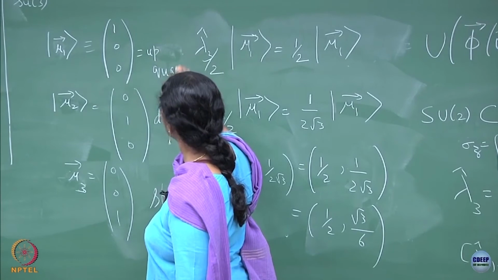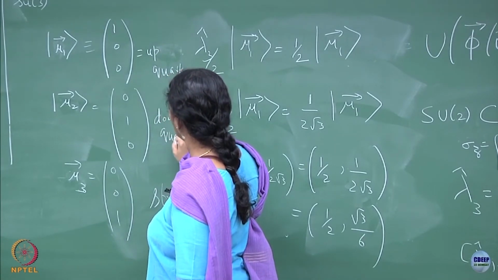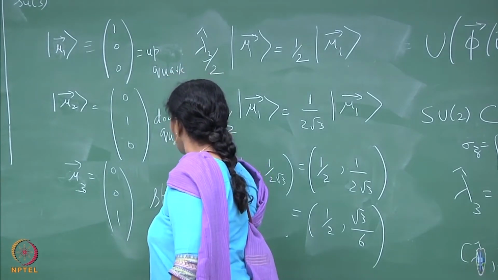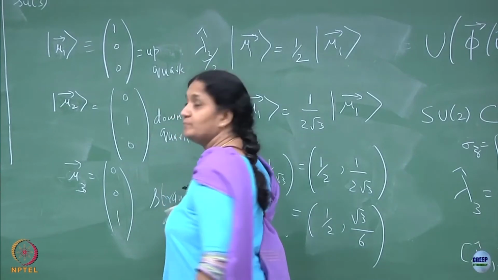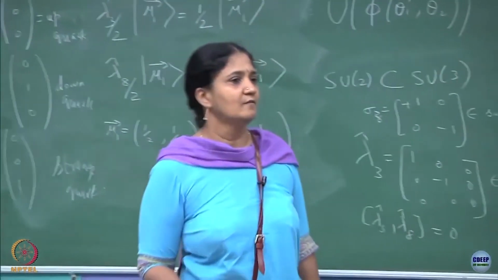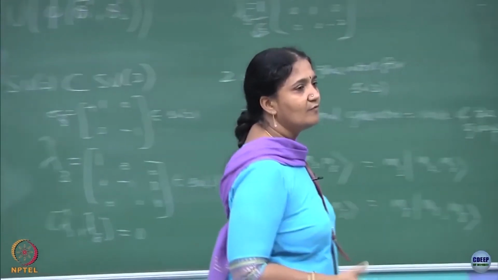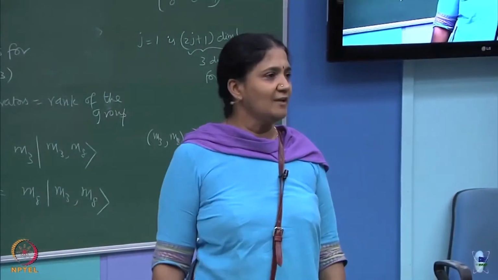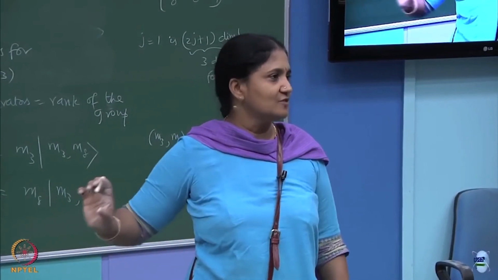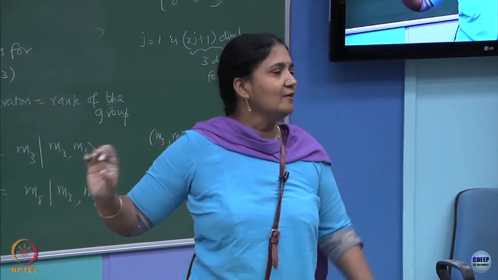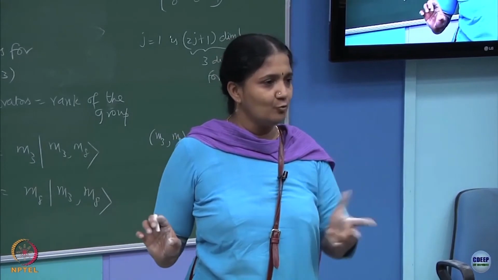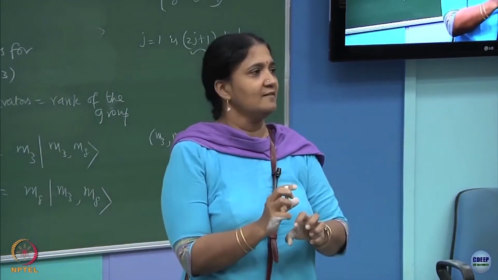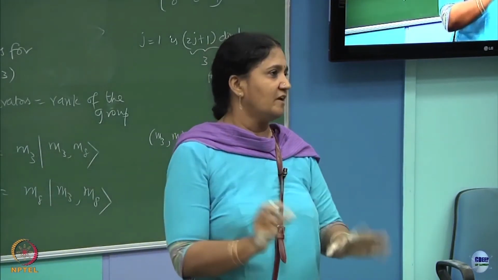Is that clear? So there are three fundamental states of SU3, and the corresponding values are going to give you something which is physical, we'll come to it. But there are two diagonal elements, so you'll have two eigenvalues which are put together, which is called a weight vector.